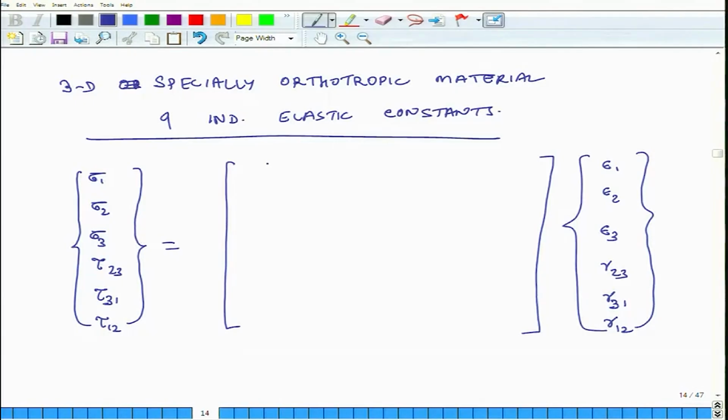So, we are now going to get rid of E notation and we will use C notation, C 1 1. First index relates to stress, second index relates to strain, and there are total 9, right. So, C 1 2, C 1 3, this matrix is symmetric, C 2 2, C 2 3, C 3 3, C 4 4, C 5 5 and C 6 6, okay.